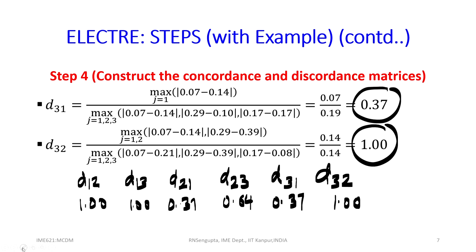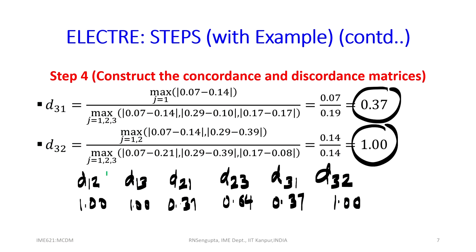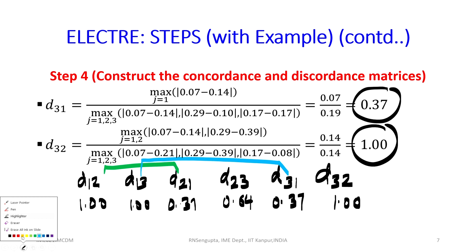So, let us do a rudimentary analysis. I will use different colors for comparison. D12 green, blue, red, whatever color I am going to use, I am not placing any importance on the color, but only using it to link them up. D13 has to be compared with D12 and D21. Then D13 has to be compared with this, and finally D23 with this.